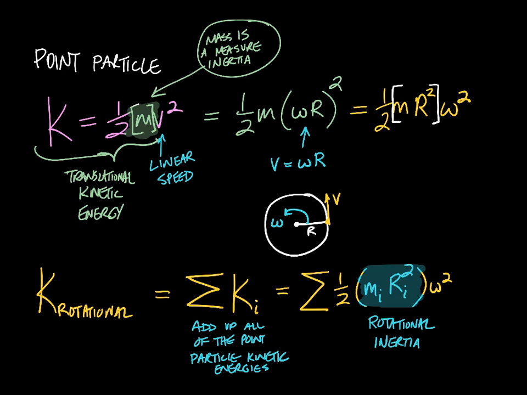Right? So if every point particle has a mass and therefore has this inertia associated with it, then a collection of point particles in an extended body collectively have an inertia. And in this case, since these point particles are all going roundy, they have angular speed that's not zero, so this is a rotational inertia.